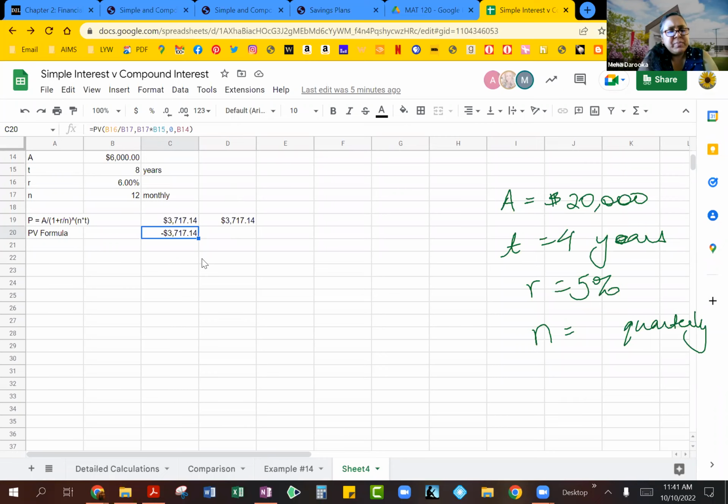That looks to be a little bit on the smaller side, because since you only have 4 years to get to 20,000, your initial principal will have to be a little bit of a higher dollar amount. Okay. Terry, I see your answer, and that number looks good.